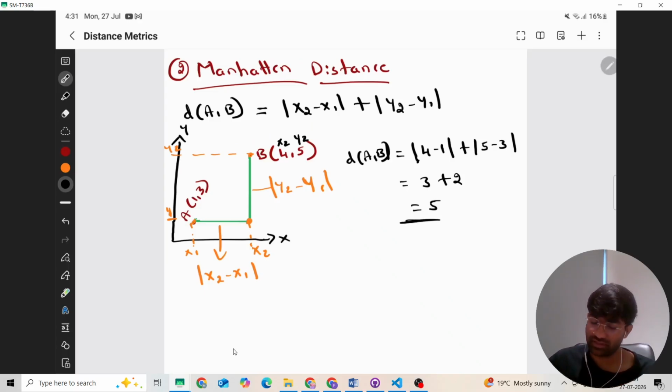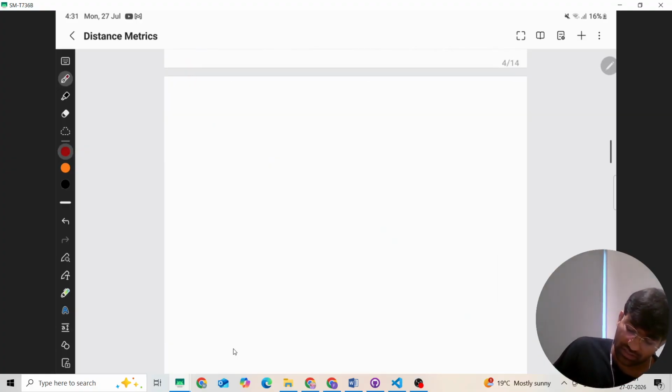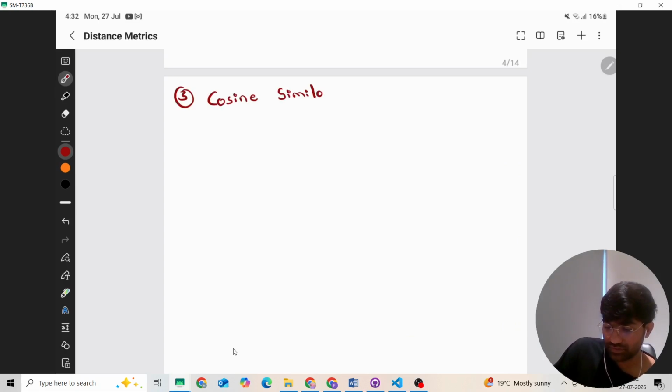Now the third distance matrix in clustering is cosine similarity. We will have a basic understanding of this, we will not go in depth, because it is used in NLP, that is to cluster text data.